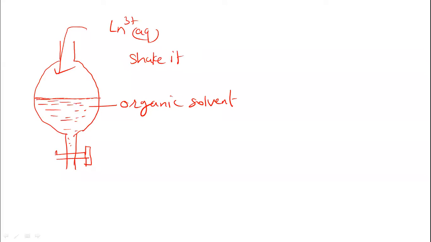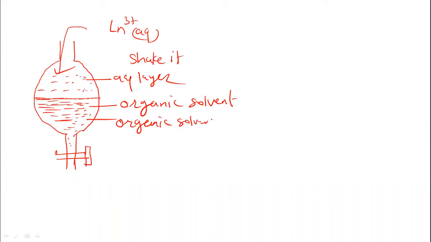The lower layer is supposed to be the organic layer, and the upper layer is the aqueous layer, where the organic solvent is the lower layer. These two solvents are completely immiscible. So lanthanone ions are extracted from the aqueous phase into the organic phase.